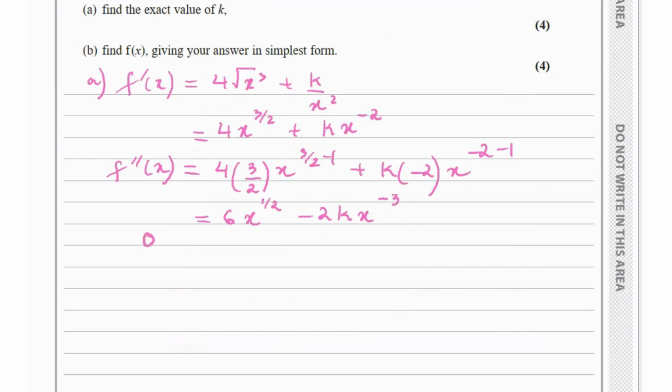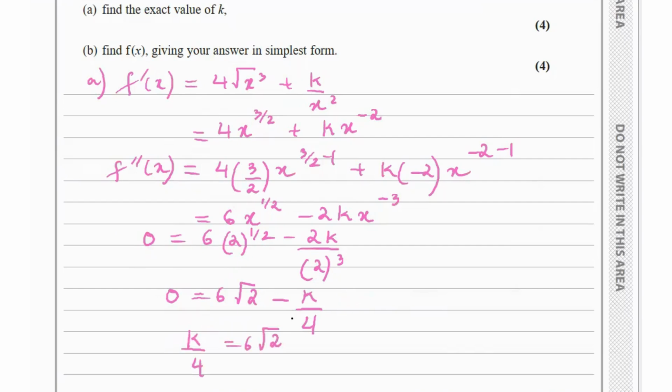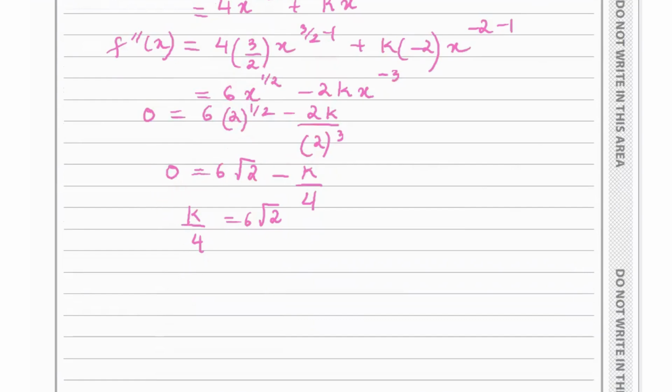Put this equal to 0 and substitute x with 2 because that is the x value at P. So that's going to be 6 root 2 minus k over 4. k over 4 equals 6 root 2. k is going to be 24 root 2.